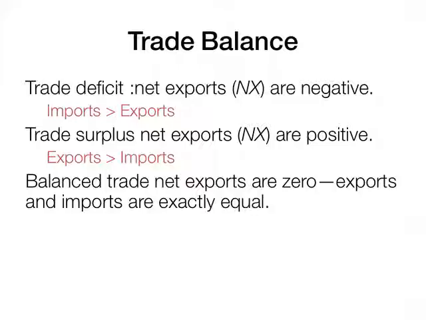You're in a deficit if your imports are greater than your exports. Okay? Your net exports are negative. Can anybody give me an example of a country whose net exports are negative? Who imports more than they export? No. We export way more than we import.